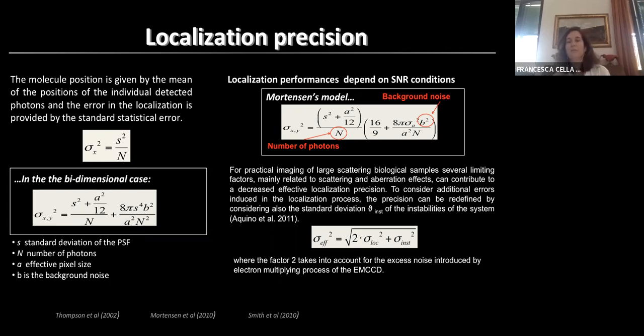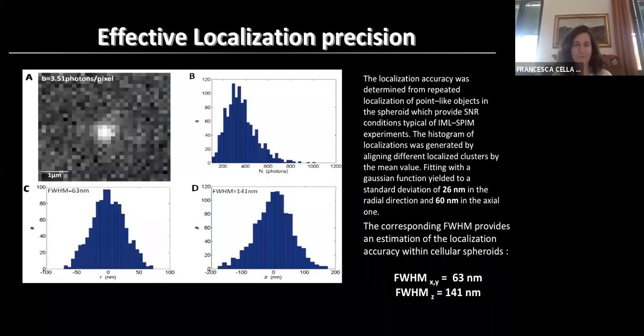So we can compute this effective localization precision by adding the theoretical localization precision and the sigma instabilities, taking into account all these factors.